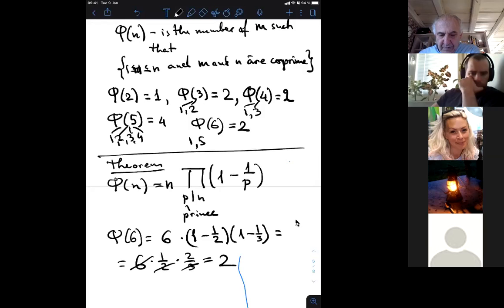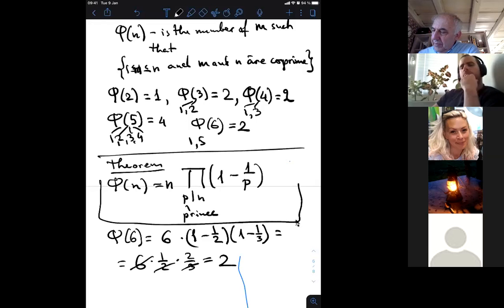Okay, now how can we prove this nice formula?